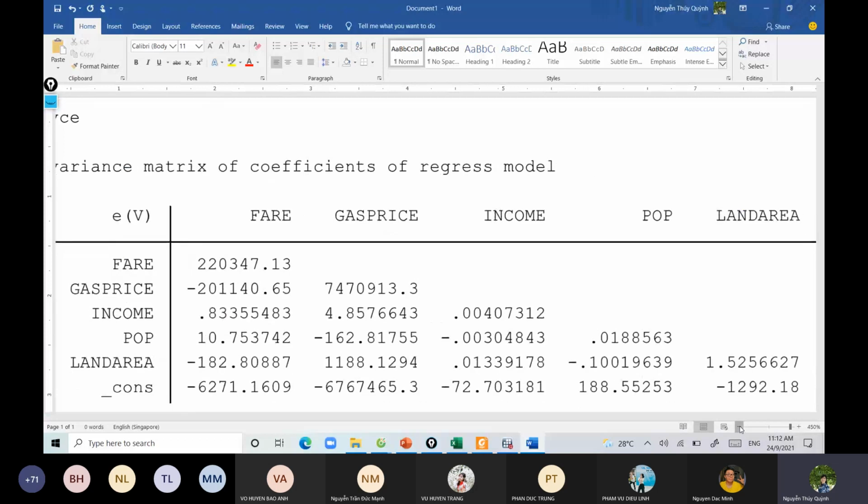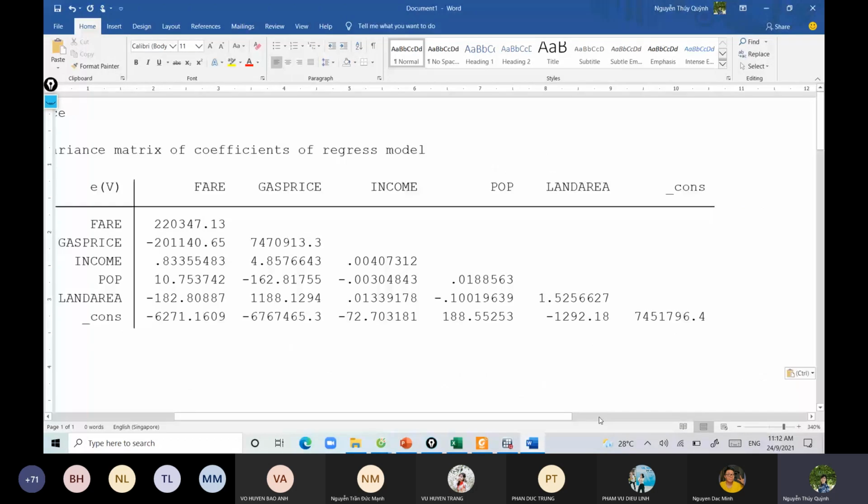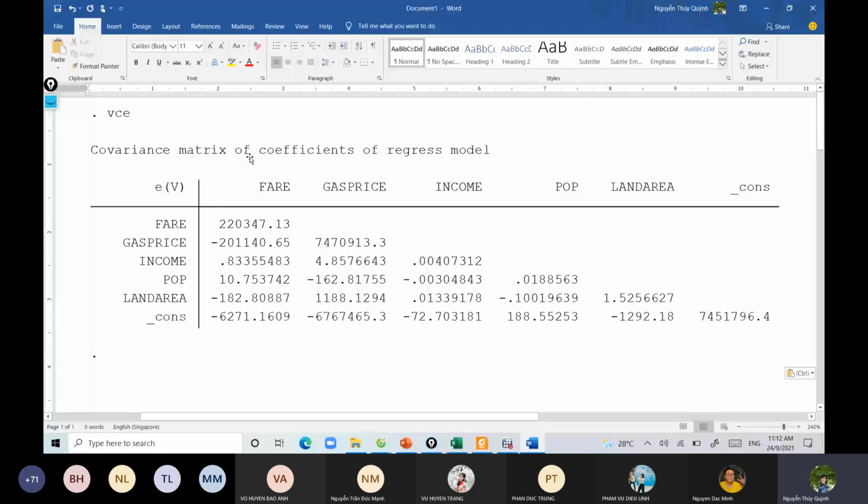Here we have the covariance matrix of coefficients of the regression model, which is the beta hat. Remember that this is the covariance matrix between the coefficients, not the variables. This entry is the covariance between the beta hat of fair and beta hat of fair, which is the variance of beta fair hat.